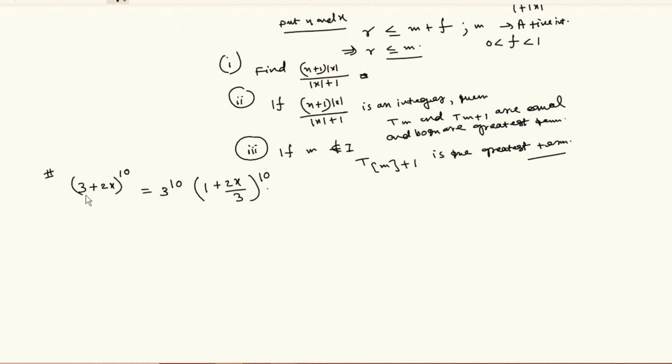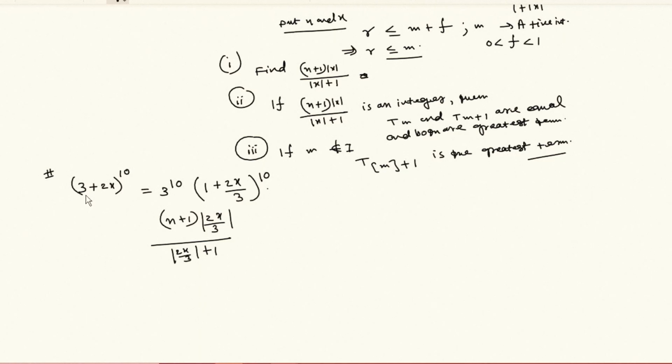Now we find (n plus 1). You can go by the direct method also, just by comparison you can get it. Otherwise you find this thing, (n plus 1)(2x plus 3) by (|2x by 3| plus 1).